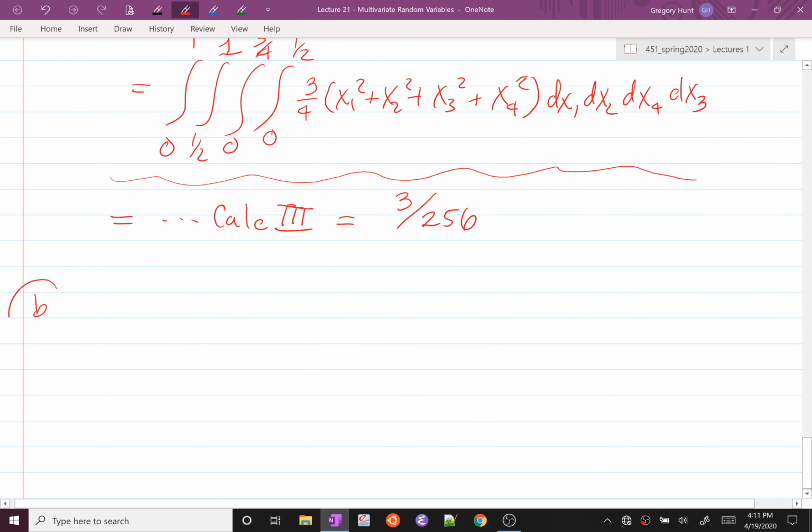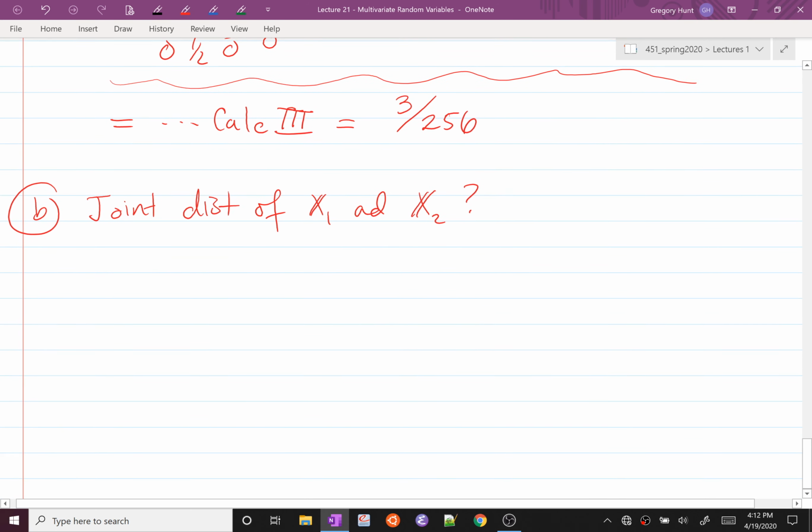Other questions we could ask: what is the joint distribution of x1 and x2? If I want the joint distribution of x1 and x2, I just have to integrate out x3 and x4. So f of x1, x2 is the integral of f of x1, x2, x3, x4.